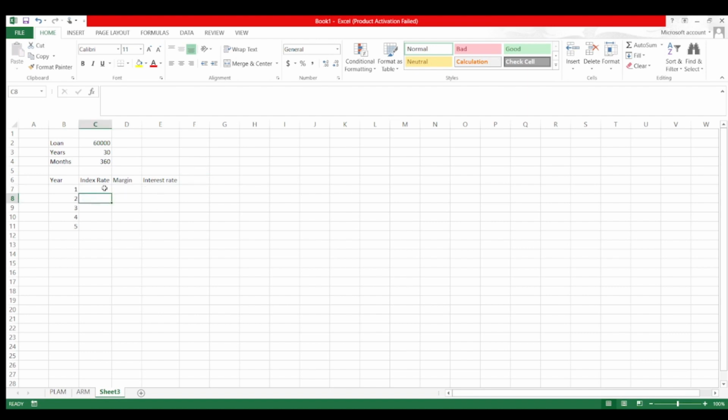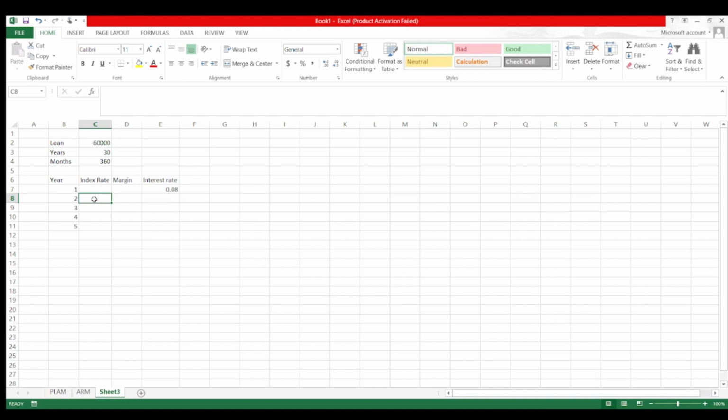So first, for the first year, we don't have any information related to the index rate, but we're assuming the initial rate is 8%. So we'll have a 0.08 there.